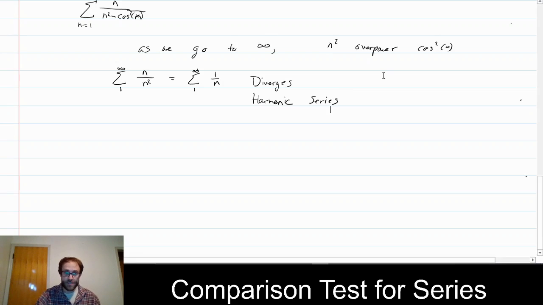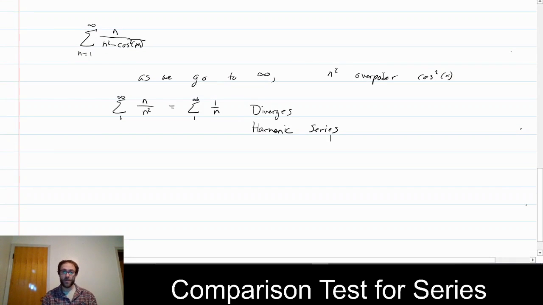Okay, so let me just go ahead and show the whole thing. So we have a divergent harmonic series that we want to compare it to. So if we look at n over n squared minus cosine squared of n, this is actually going to be greater than or equal to 1 over n, right? And to see that clearly, let's just call this n over n squared, which is the same thing as 1 over n.